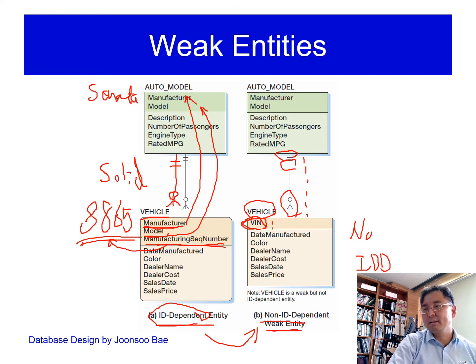It is still a weak entity because a vehicle cannot exist without the auto model entity. Okay, so we can see that there is a weak entity that is not an ID dependent entity. This is the counterexample of that one.